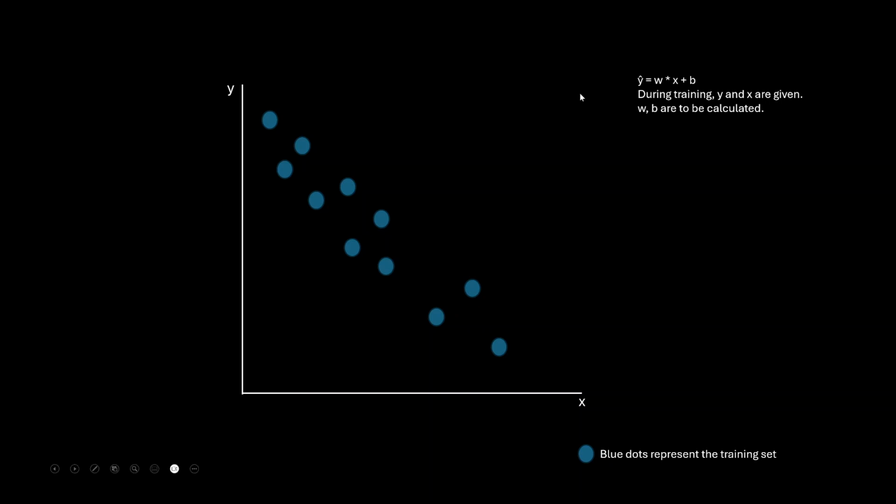So during training, as you can see here, every data point has well-defined coordinates, x and y. And we need to calculate the weight and the bias for a line that may be best fit for these data points.